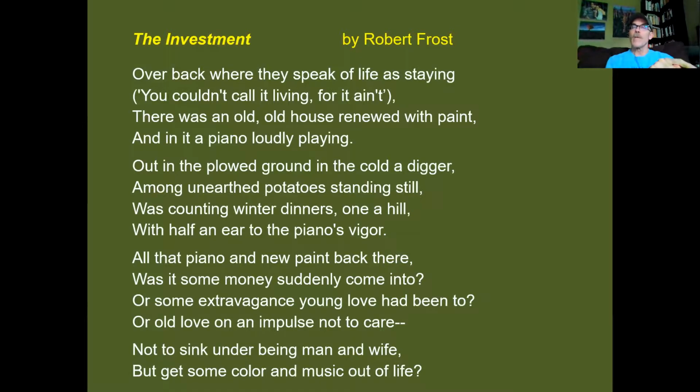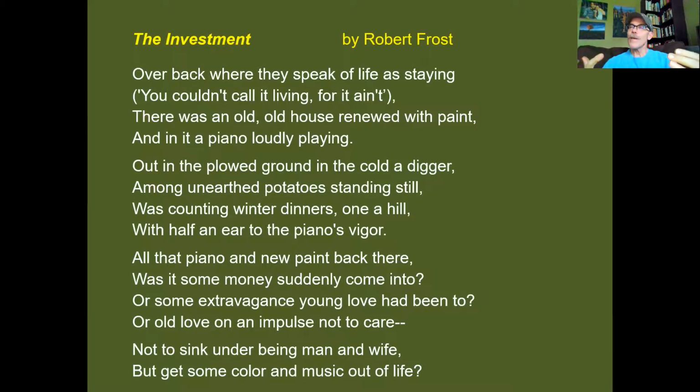He's having to count maybe the least sexy vegetable on the planet, potatoes, to see, do they have enough to eat? Because he spent money on paint and he spent money on the piano, but he's willing to sacrifice maybe finer cuisine, because if mama's happy, everybody's happy.